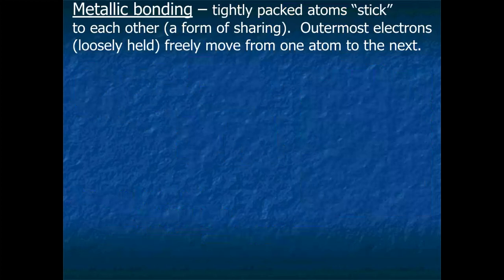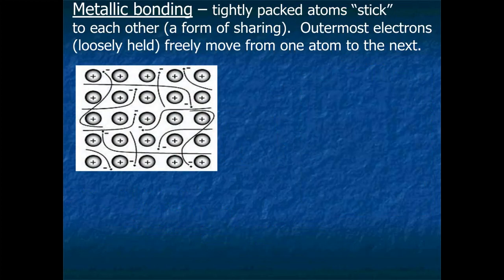So when we look at the metallic bond, we're looking at a type of bond in which the atoms are going to be packed very, very tightly and very close to one another. And this is a form of sharing. And the outermost electrons, and this would be the electrons on the metal in the valence shell, are very loose, if you will, and they're allowed to freely move from one atom to the next.